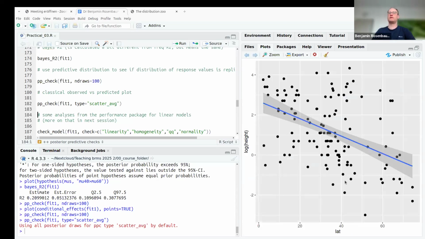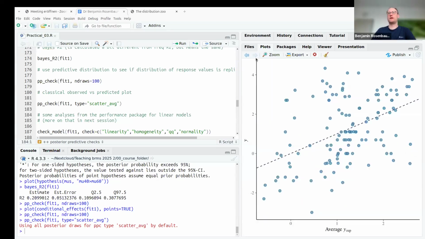Note that you can do this conditional plot if you have multiple predictors, but then you should also always look at the observed versus predicted plot, because on both axes you see the response values, the observed responses and the predicted response. And this works no matter how many predictors are involved.